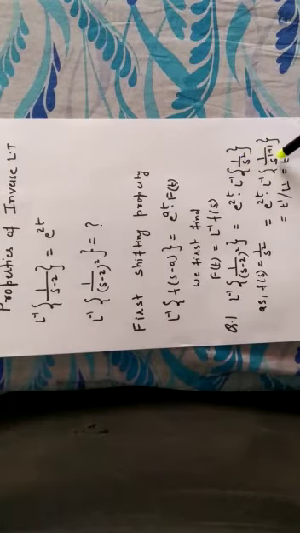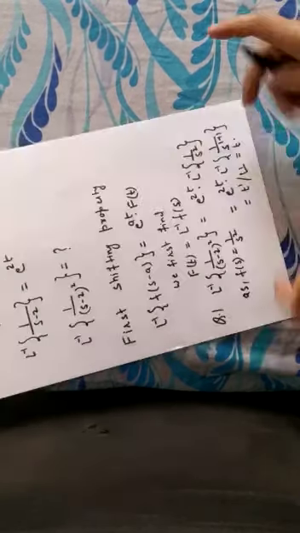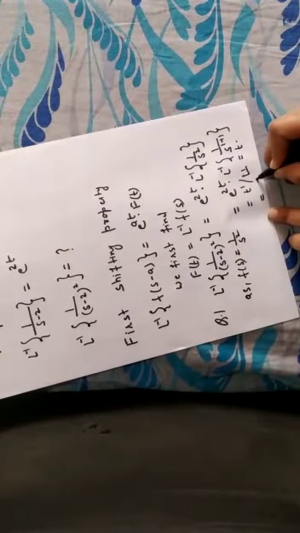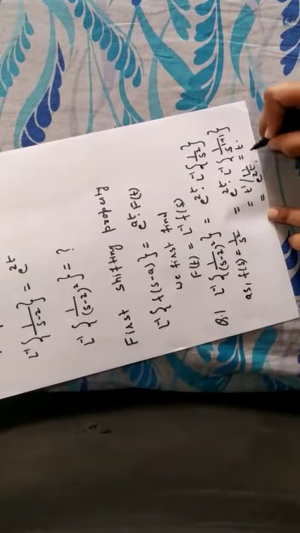We can write it as 1 by s to the power 1 plus 1, and we can easily say n is 1 here. So L inverse of this whole is t, and so L inverse of 1 upon (s minus 2) whole square is given by e to the power 2t multiplied by t.